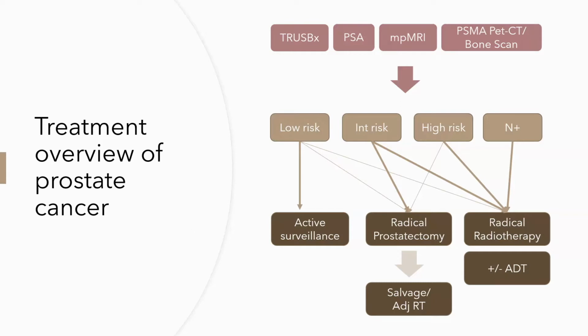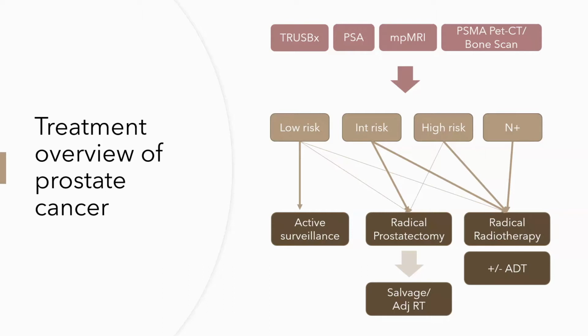Once these are done, we generally divide non-metastatic prostate cancer, or prostate cancer without distant metastases, into low risk, intermediate risk, and high risk, as well as node positive disease. So if you've got pelvic nodal metastases but no other metastases, that category is the node positive prostate cancer.